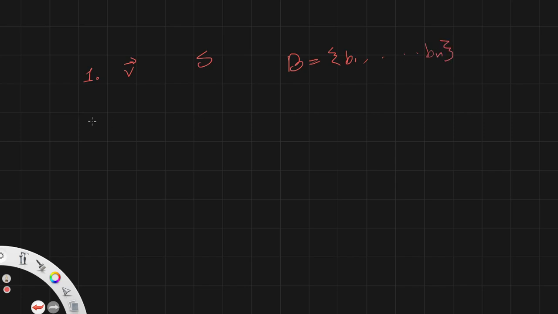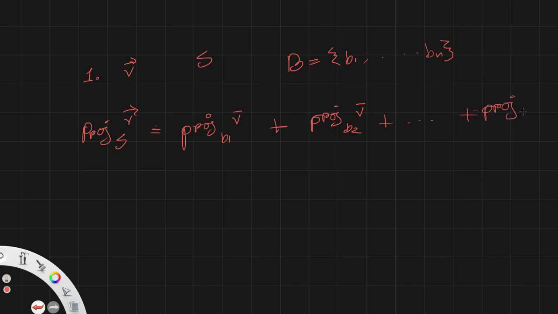So what we are trying to do is find the projection of vector v onto the subspace S. This is just going to be the projection of vector v onto the basis vector B1 plus the projection of vector v onto B2 plus dot dot dot all the way up to the projection of vector v onto Bn.